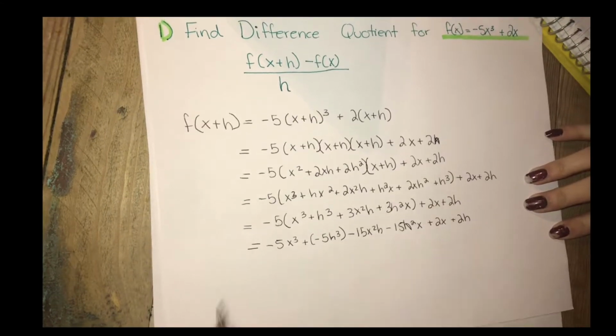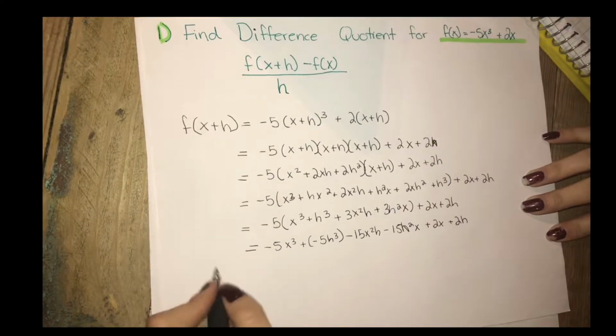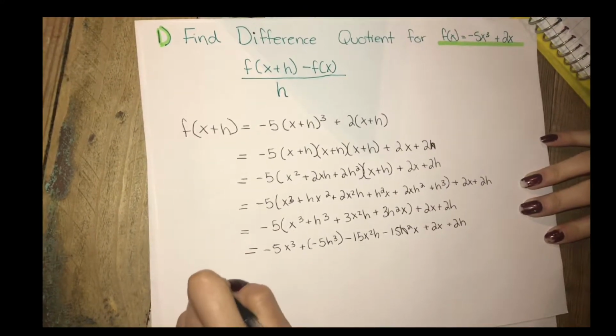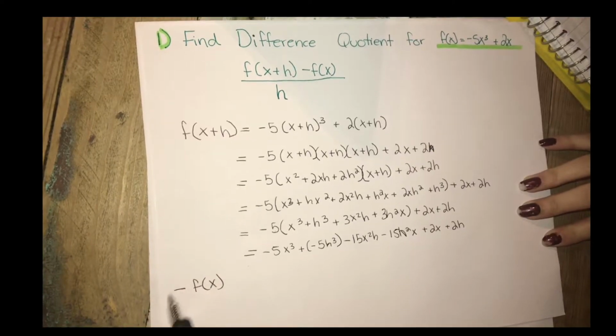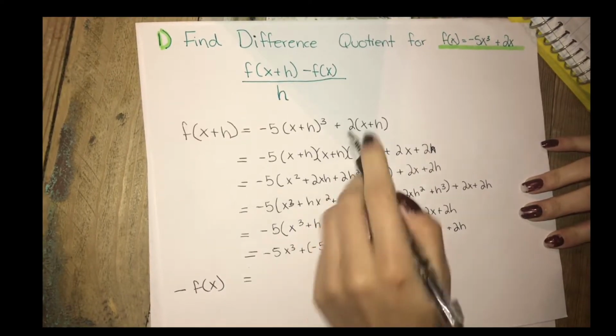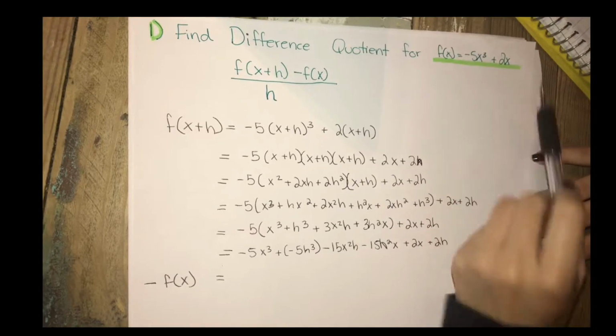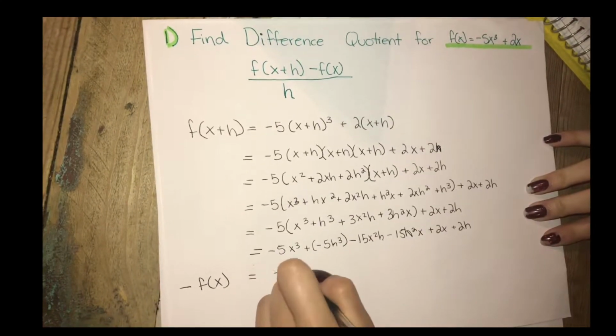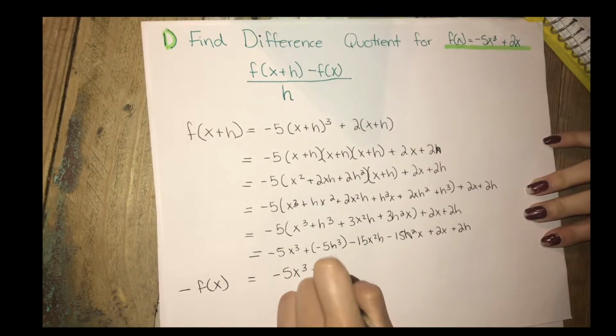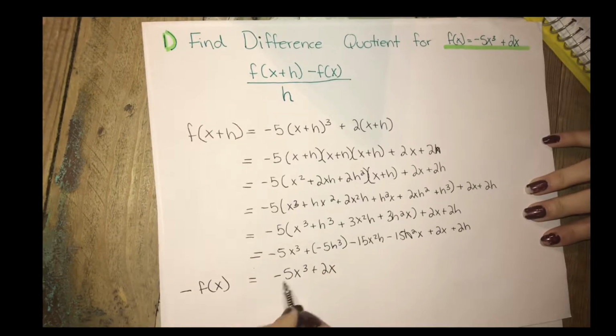Finally, you would follow the original equation, which is subtract f of x, the original equation, being negative 5x to the third plus 2x.